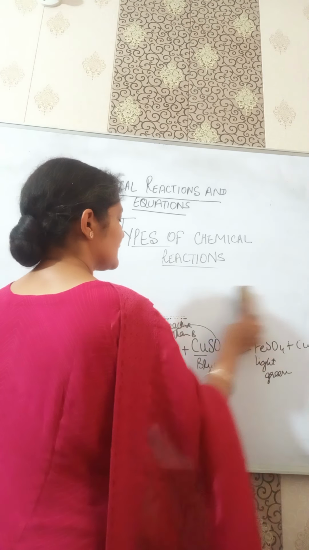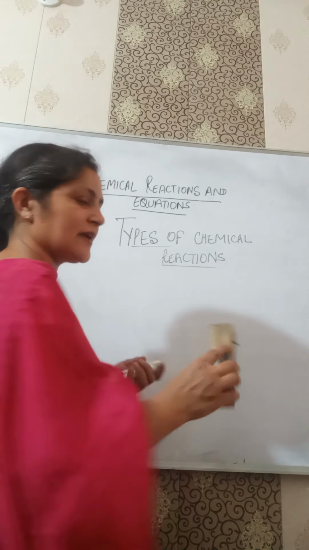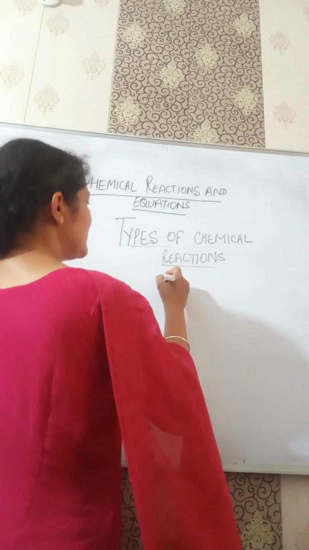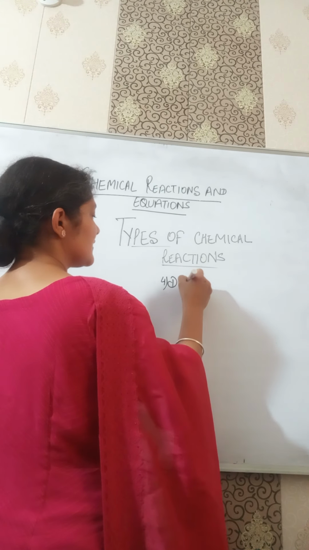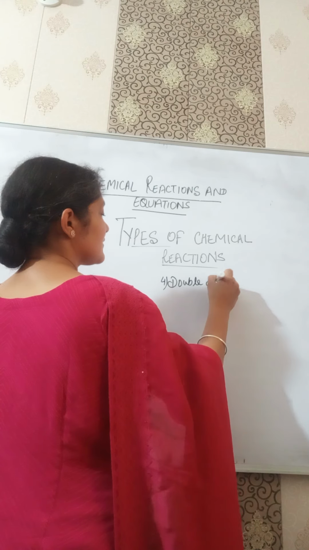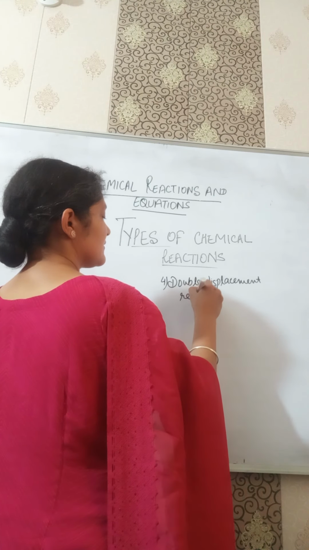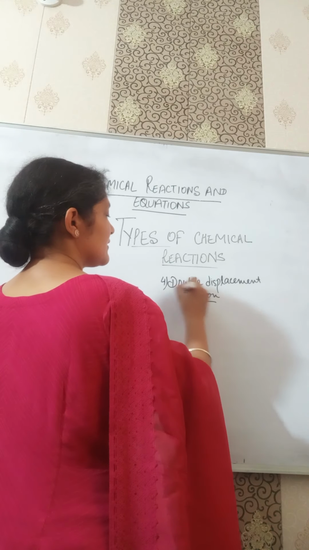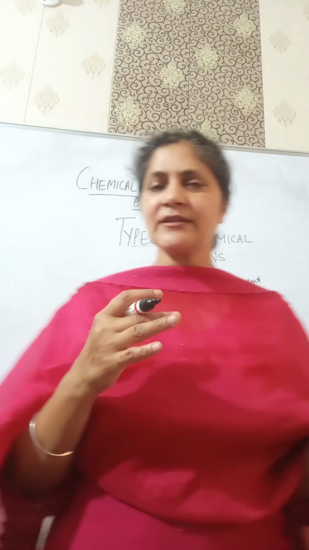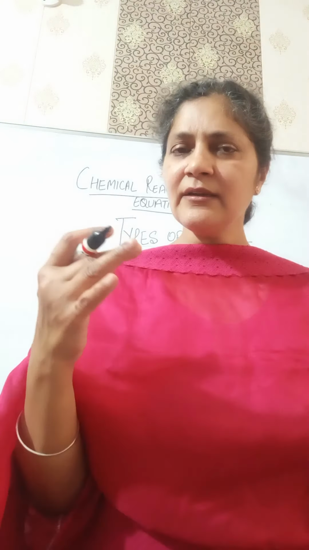Now we will take the last, fourth type of reaction, that is double displacement reaction. In double displacement reaction, the displacement is done twice.